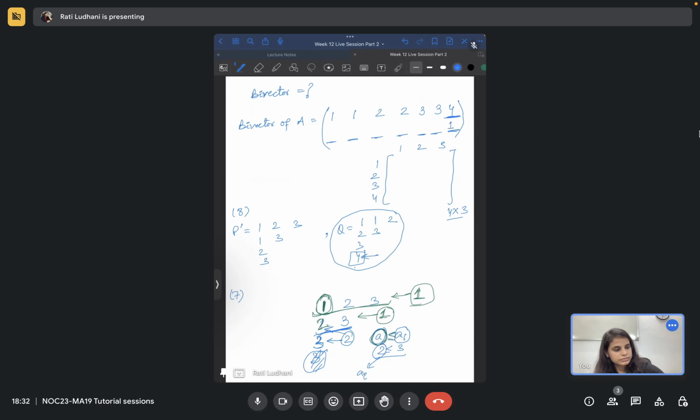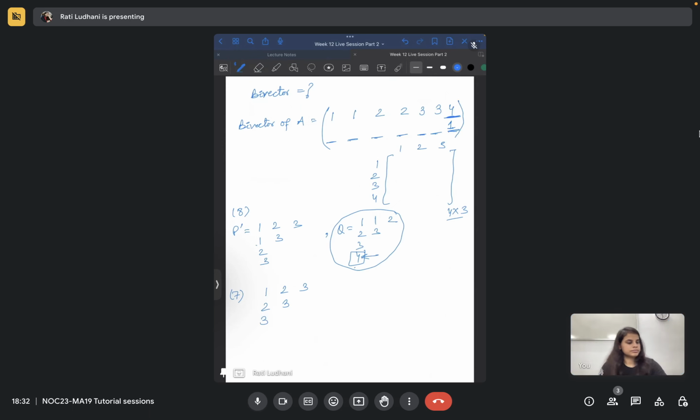So you'll get 1. Is that clear? Yes, ma'am. Okay, great. So I'll remove this and let's write the 7th step. We get 1, 2, 3, and now this was 2, this was 3, and this is 3. And corresponding to that, the recording tableau is this.